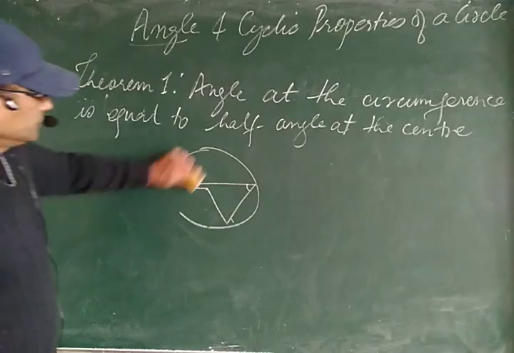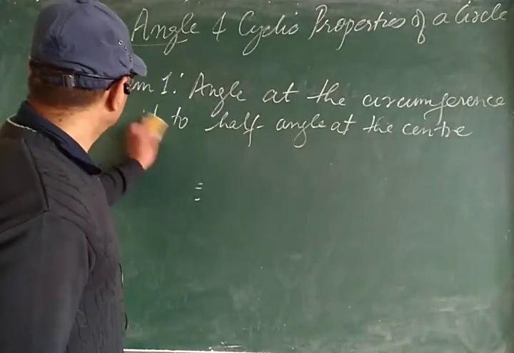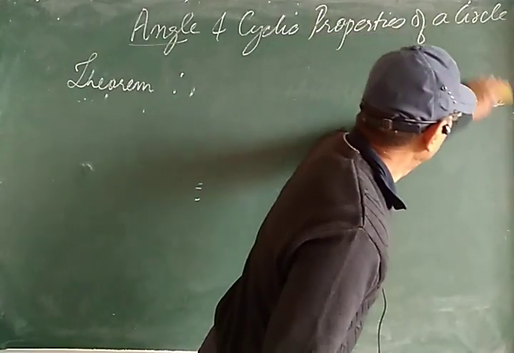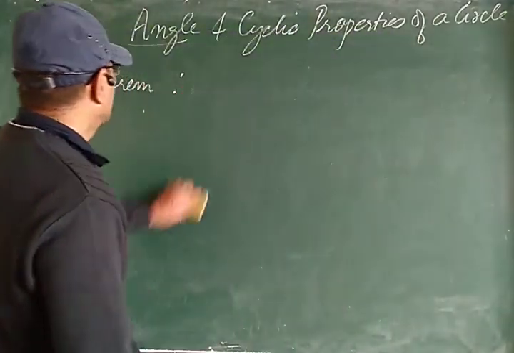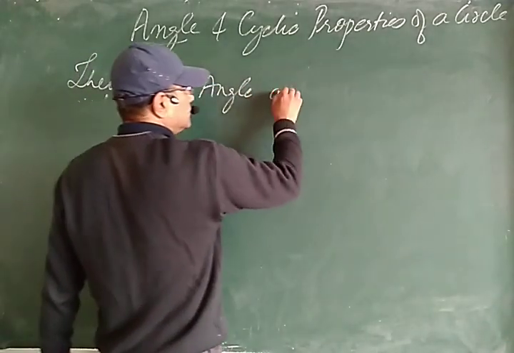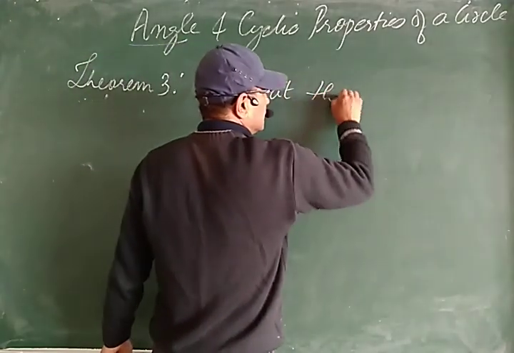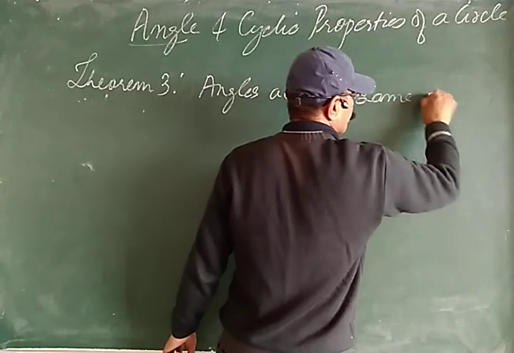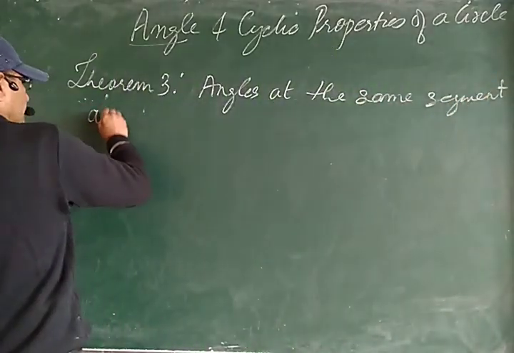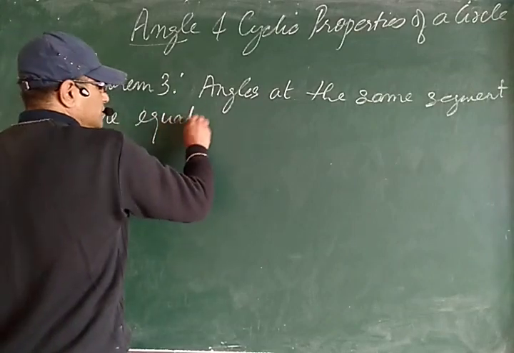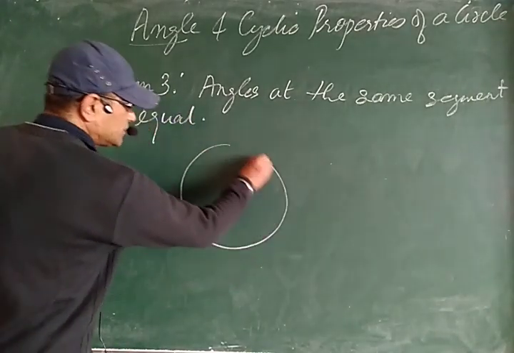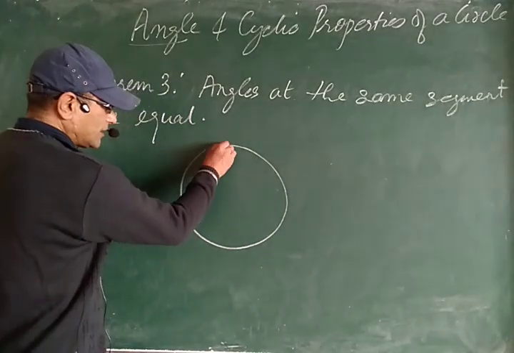Okay, the other one, theorem number 3, you can write: angles at the same segment are equal. Means to say, angles at the same segment. Suppose this is a circle.